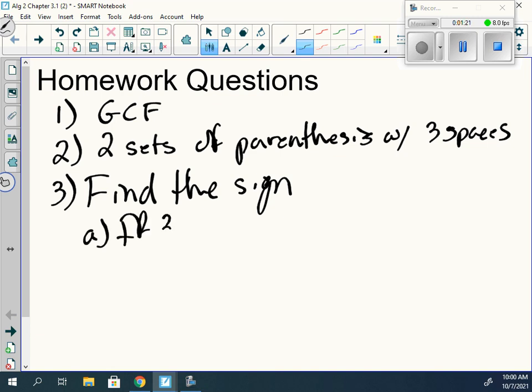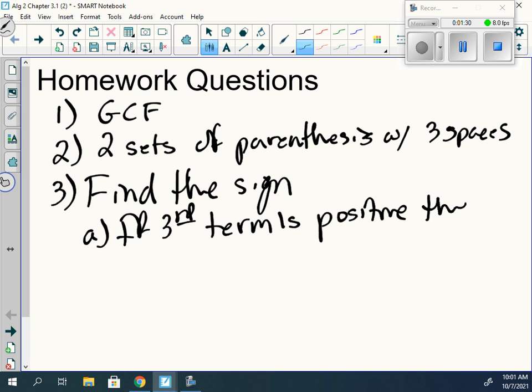If the third term is positive, then both signs are the same and they match the sign of the middle term.